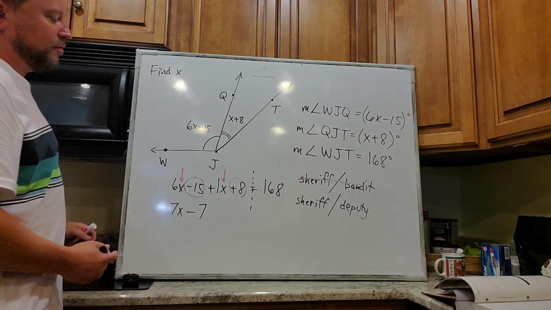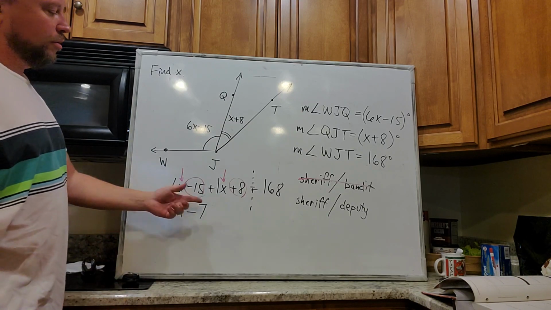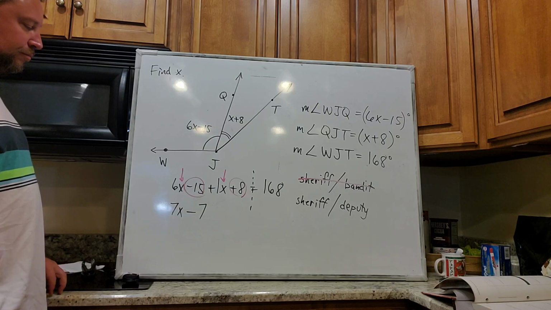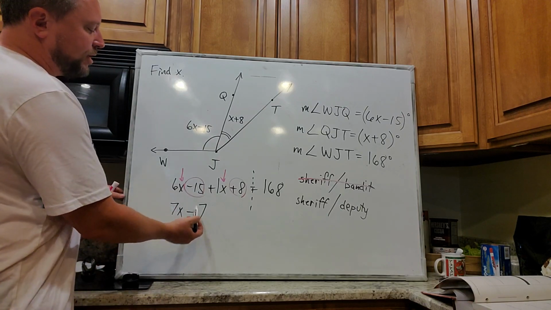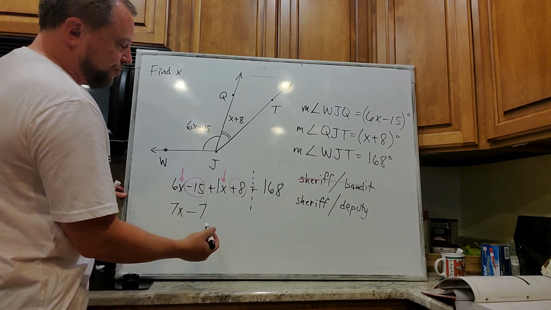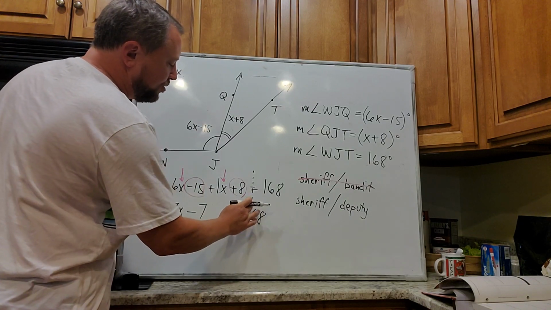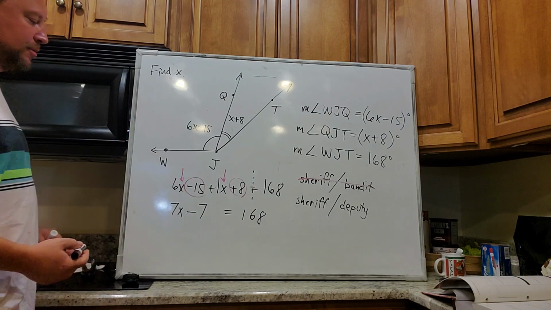You have a total of 7 bad guys still left. Or in other words, 8 off of 15 is 7. But it is a negative 7 because there were more negatives than positives. All right, that equals the 168.